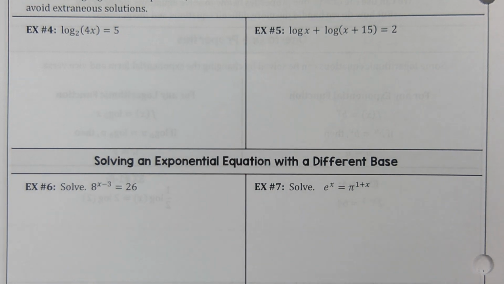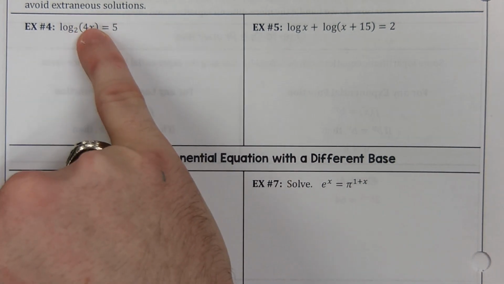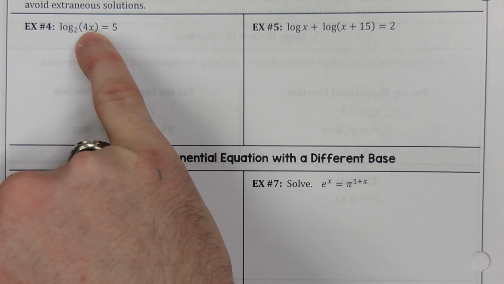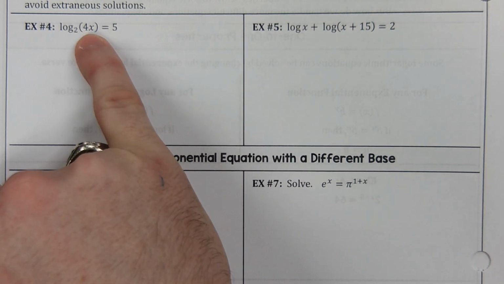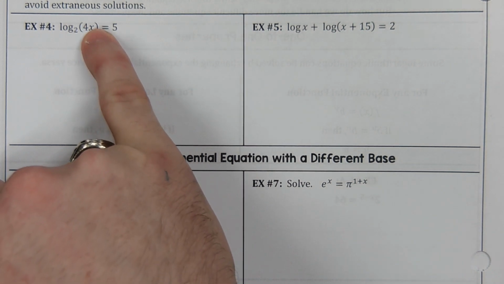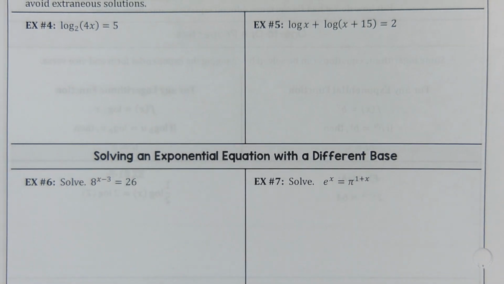But that's a personal preference. So you could either determine the domain now, which is x is greater than 0, because remember 4x had better be greater than 0. Or we can go ahead and solve for x and see what numbers we get. And if we only get positive numbers, we just look up and go, oh yeah, that positive number was allowed, and we're good. Completely up to you.